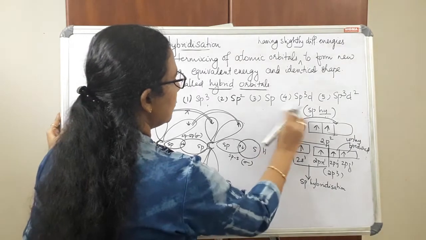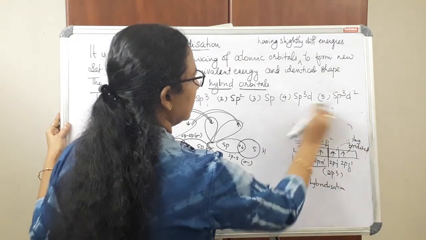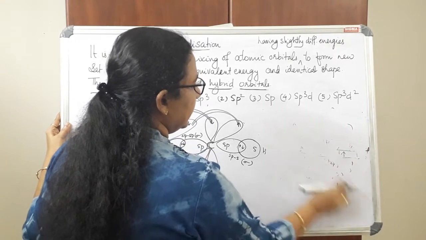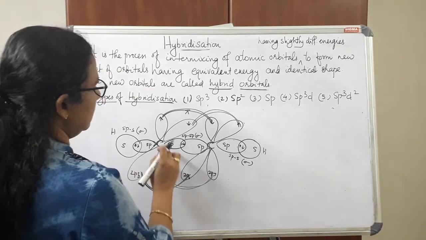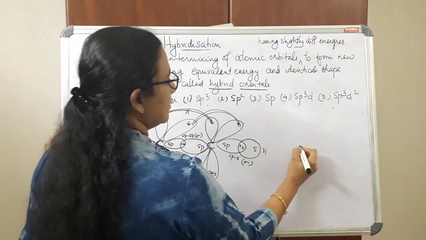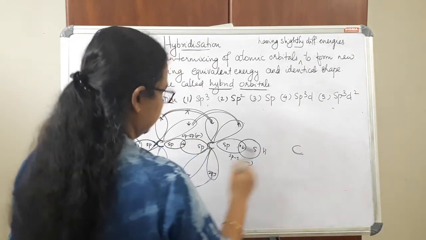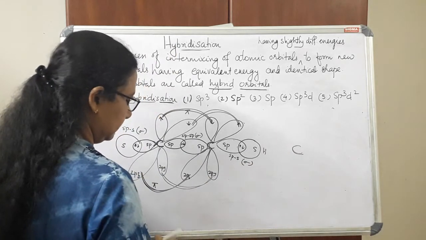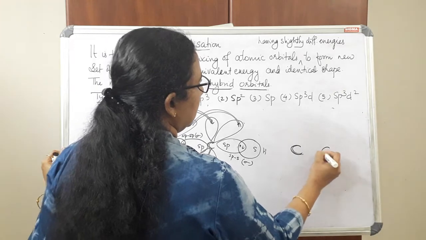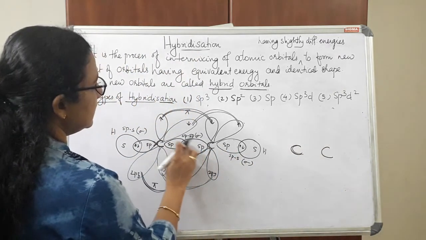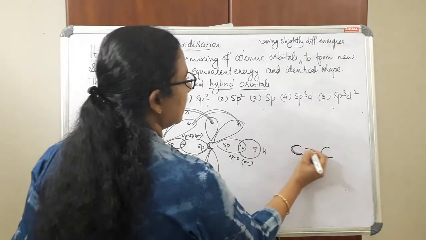Now let us draw the structure. We can draw the structure of the ethyne molecule. So carbon, carbon, there is a sigma bond, so it is a single bond.